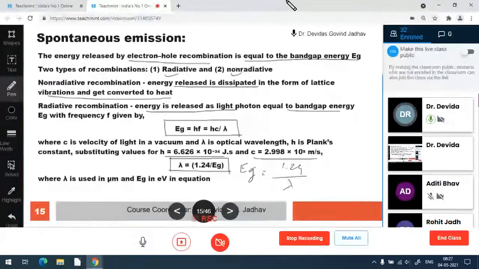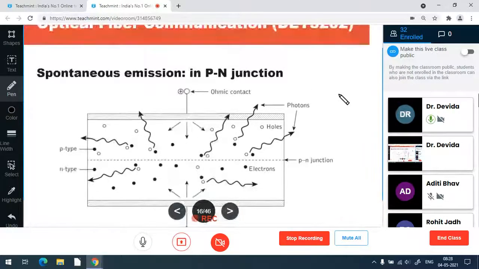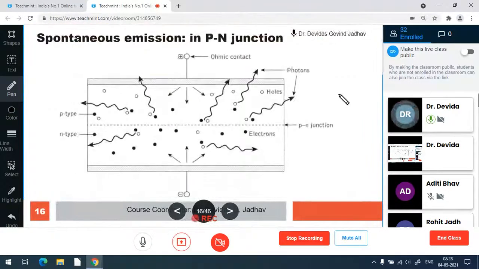Here, lambda is in micrometer and Eg is in electron volt. We have to substitute lambda in micrometer, and Eg in electron volt. After substituting Eg, we get lambda in micrometer, or if you substitute lambda in micrometer, we will get Eg in electron volt. So this is about spontaneous emission in a PN junction.